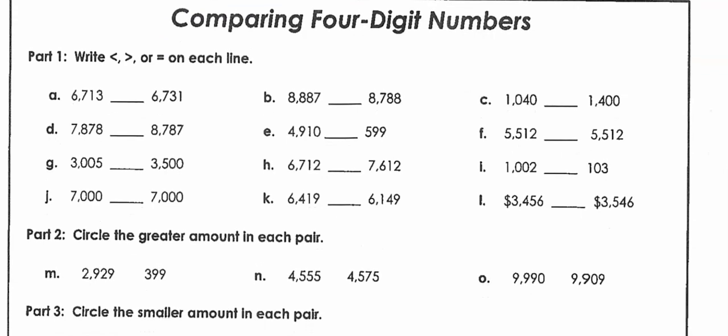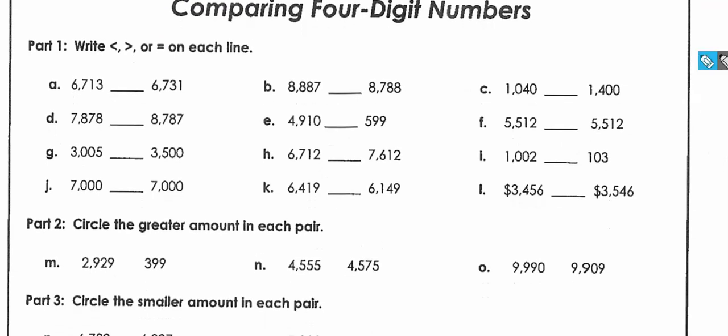Look at letter A on part one. It says write less than, greater than, or equal to on each line. I have to look at the place of each number. So the thousands are the same. That wouldn't tell me which number is greater or less or equal to. The hundreds are the same.